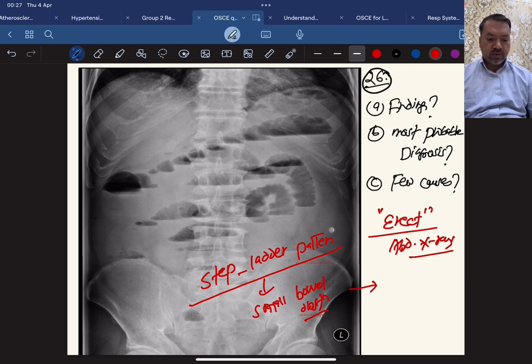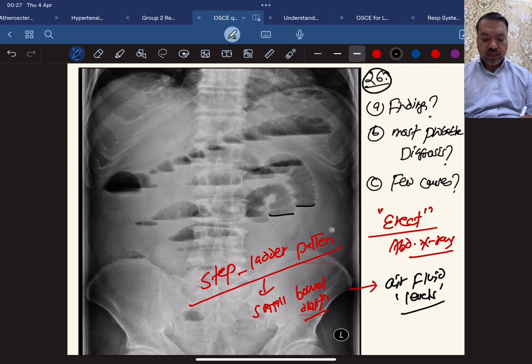How do we know this is an air fluid level? Look at the straight line there. Whenever you can see a straight line, these are all air fluid levels, multiple. So this is small bowel obstruction again, and a few of the causes we already listed just now.